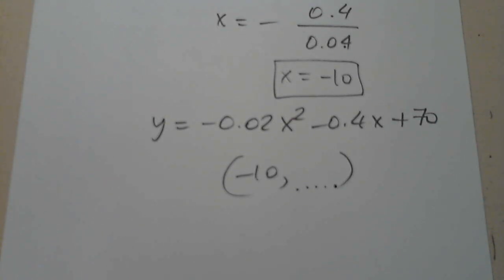So go to y equals, clear the old entries, put in the function negative 0.02x squared minus 0.4x plus 70. Look at it, make sure it's entered correctly, and then second table and plug in negative 10, and you get the answer 72. And that's it.